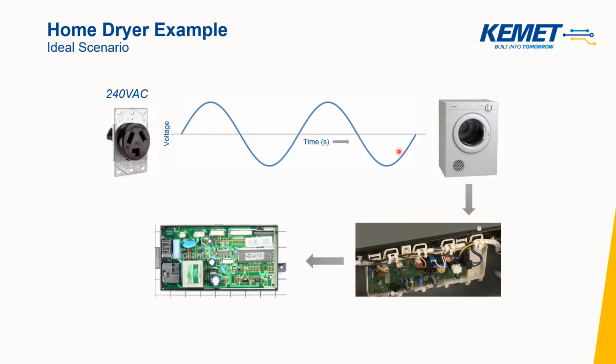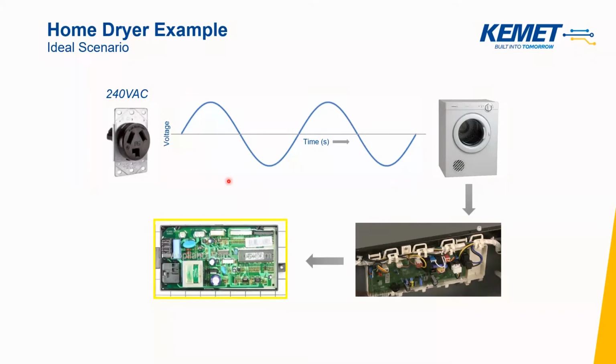This is devoid of any distortions. This is devoid of any sort of disturbances. And this is why, if we have an ideal world, then we can skip this EMI filtering part on the PCB board and actually supply our load impedance directly from the AC main socket.